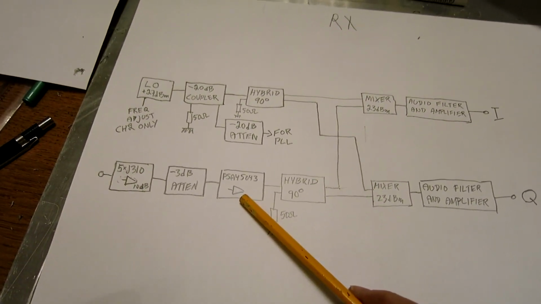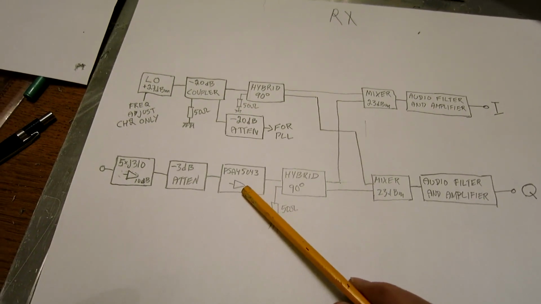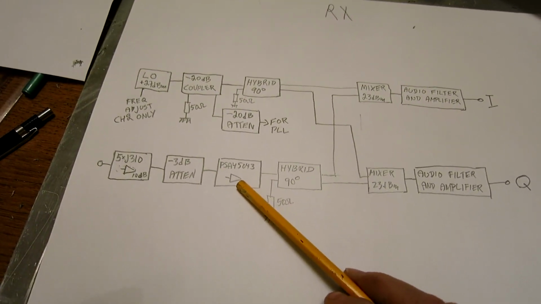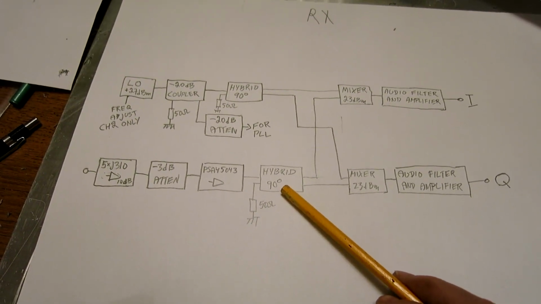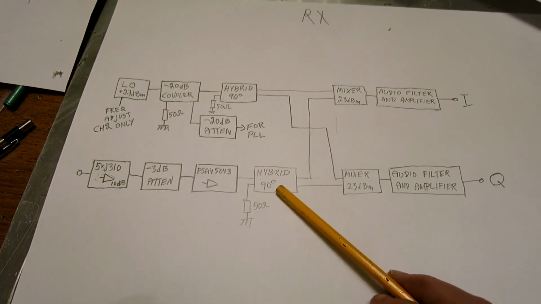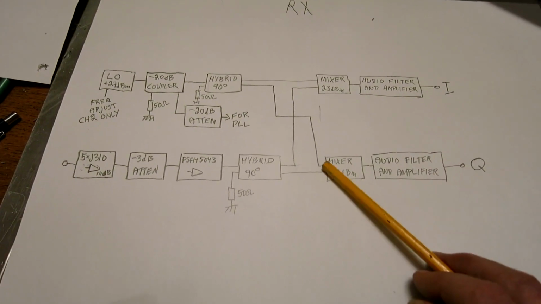It's designed for higher frequencies, so it has a very high return loss on the input. And then the signal goes to a hybrid where it is split, and it's also run to the mixers.